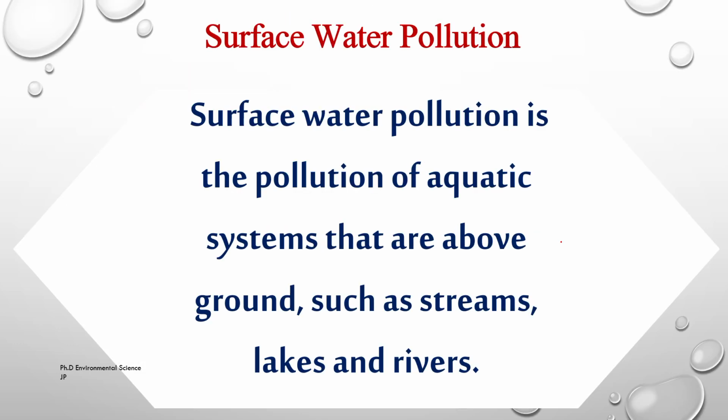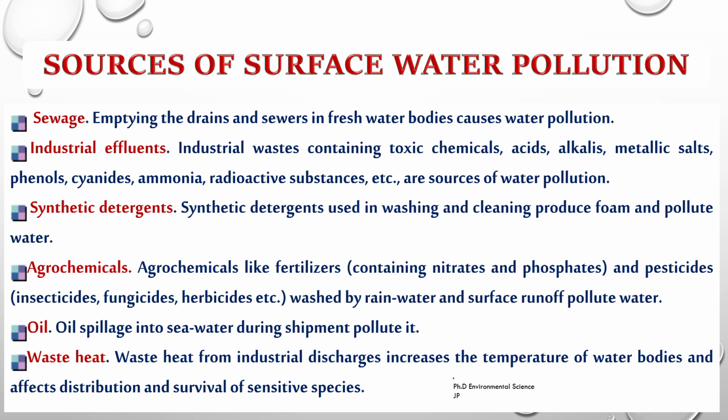Surface water pollution refers to the contamination of surface water sources such as streams, lakes, and rivers by harmful substances. What are the sources of surface water pollution? First is sewage.